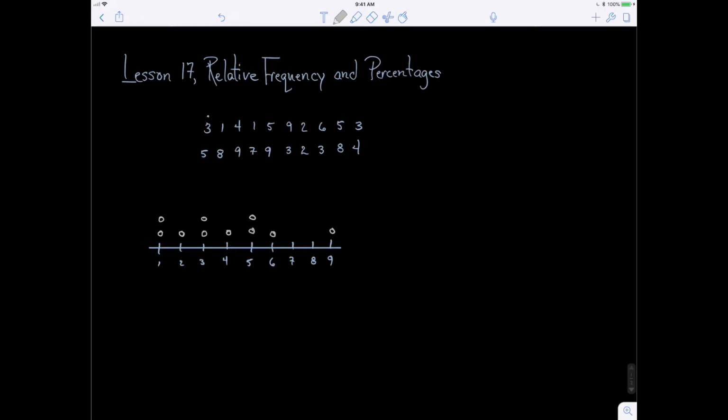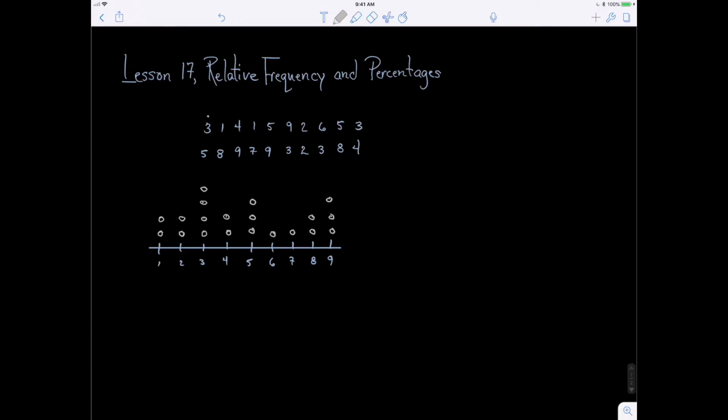My next row is 5, 8, 9, 5, 8, 9, 7, 9. Oops, these couple of dots could be a little bit better. Let's put those back. There we go. 3, 2, 3, 8, and 4. There we go.